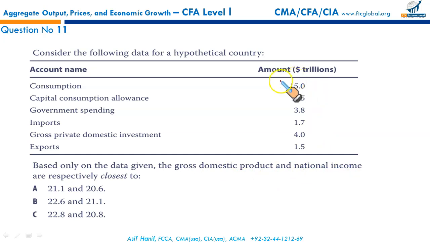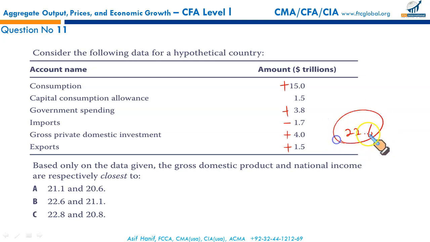For GDP, take consumption, government spending, imports, exports, and gross private domestic investment. These 5 elements, so it's going to be 15 plus 4 plus 3.8 plus 1.5 less 1.7, it'll give you 22.6.